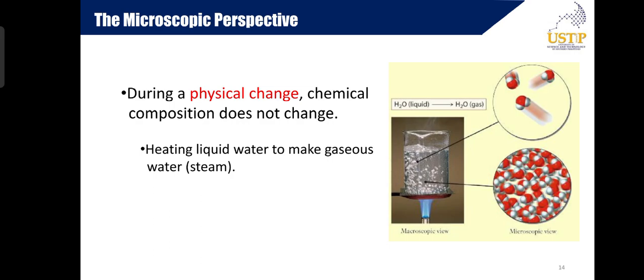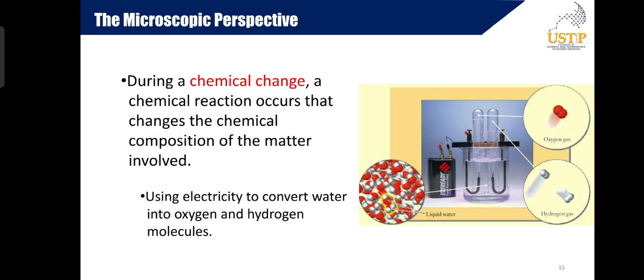Still, it's H2O. But when you say chemical change, it is a chemical reaction that occurs that changes the chemical composition of the matter involved. For example, water: when you separate water into hydrogen and oxygen, as we all know, water is composed of two hydrogens and one oxygen atom. When used with electricity, they separate and they are no longer an H2O molecule but an individual oxygen gas and hydrogen gas.